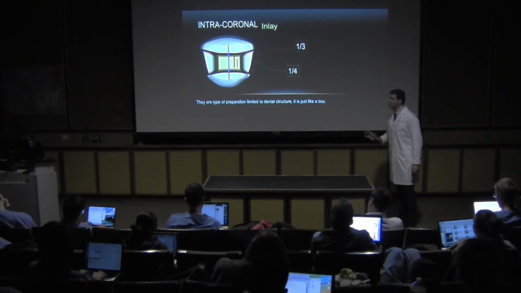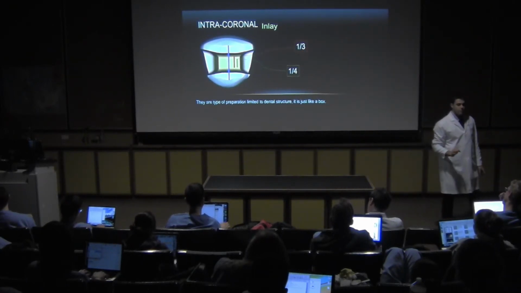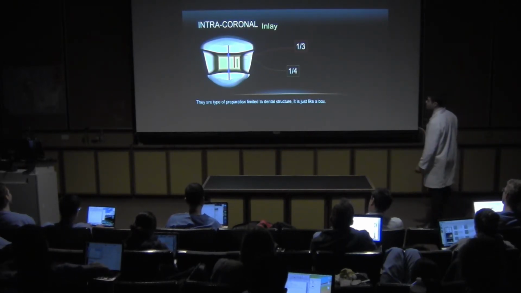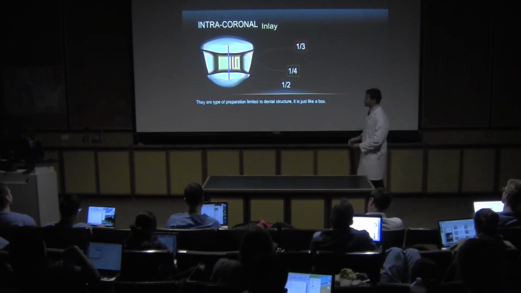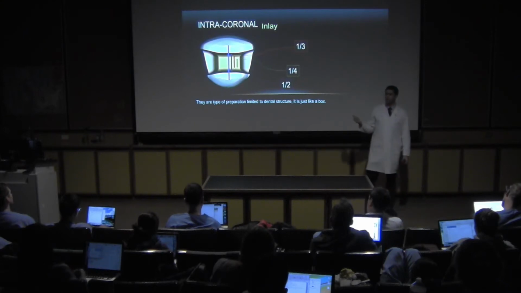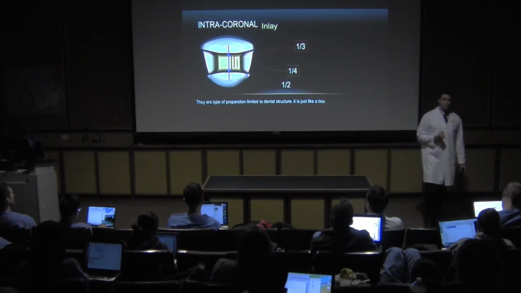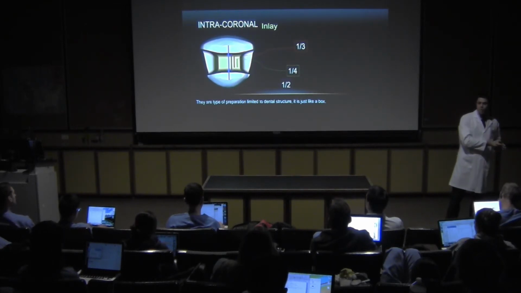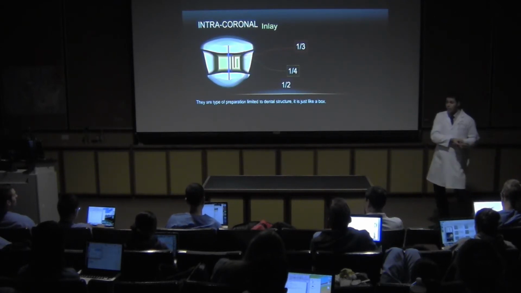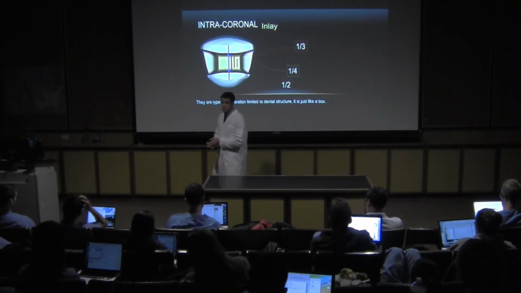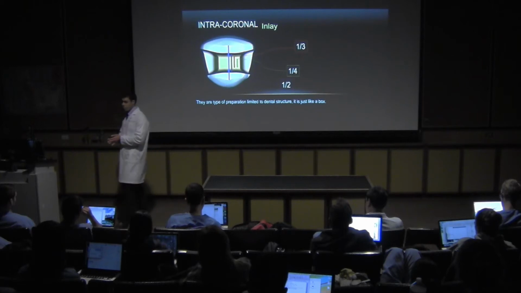When we have 1/3, the same thing, composite resin, right? But if we have more than 1/3, like half of the intercusp distance, we must go with an inlay. Because the shrinkage of the material will happen outside the mouth, on the plaster model, or if I'm going to work with CAD/CAM technology, I will not have the shrinkage. Okay?